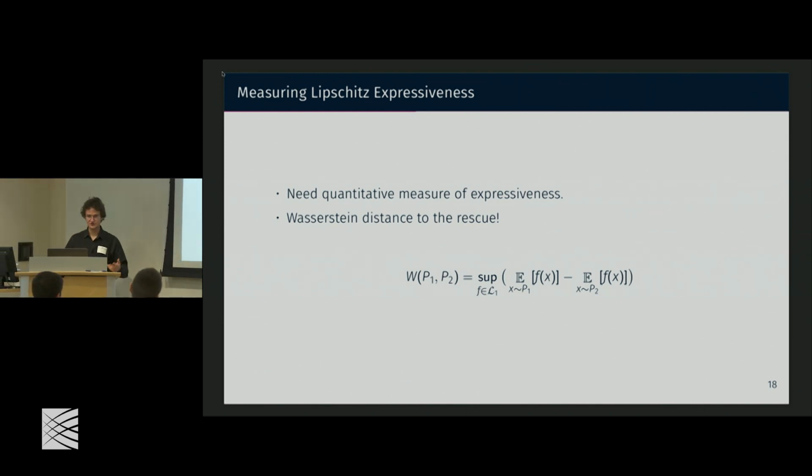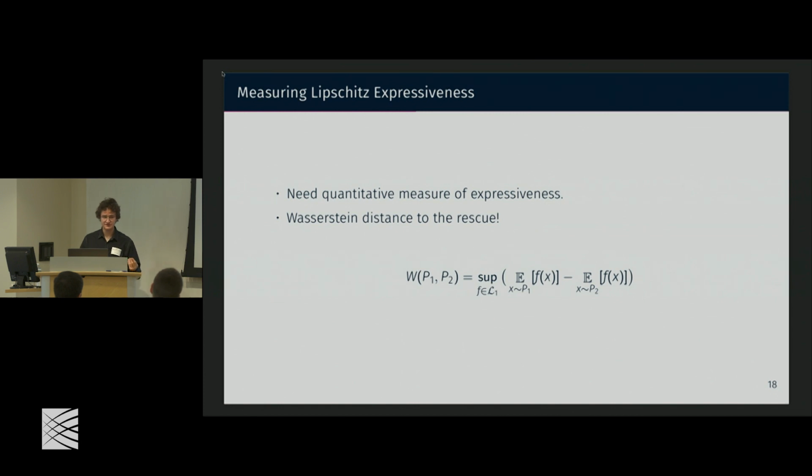So if our network is expressive enough, it will be able to find the optimal one. If it's not expressive enough, it's going to fail to give us the correct Wasserstein distance, and we'll be able to even visualize this function and see why it failed. So this is a very convenient way of evaluating Lipschitz expressiveness. I'll give a very quick example of how this works.